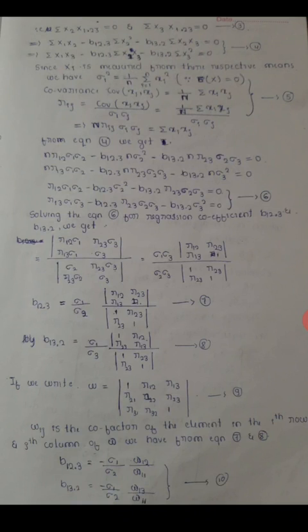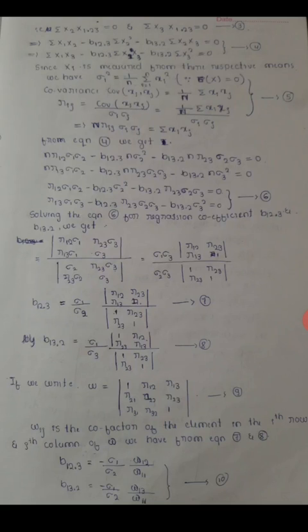Taking sigma 1 sigma 3 common from the numerator and sigma 2 sigma 3 common from the denominator, that is sigma 1 into sigma 3 times the determinant of r12, r23, r13, 1, divided by sigma 2 into sigma 3 times the determinant of 1, r23, r23, 1.